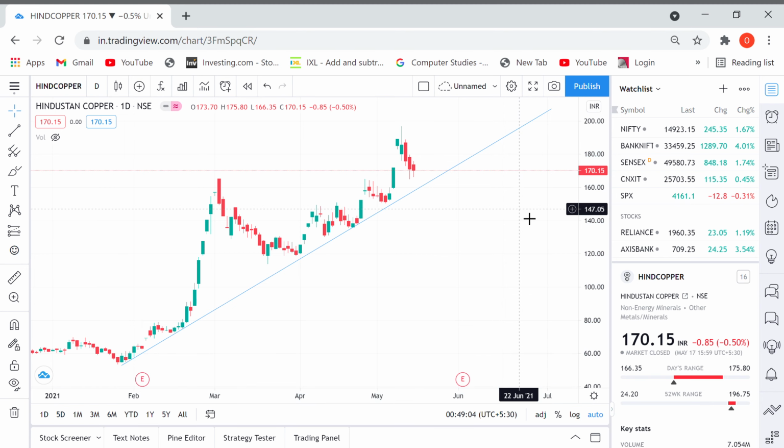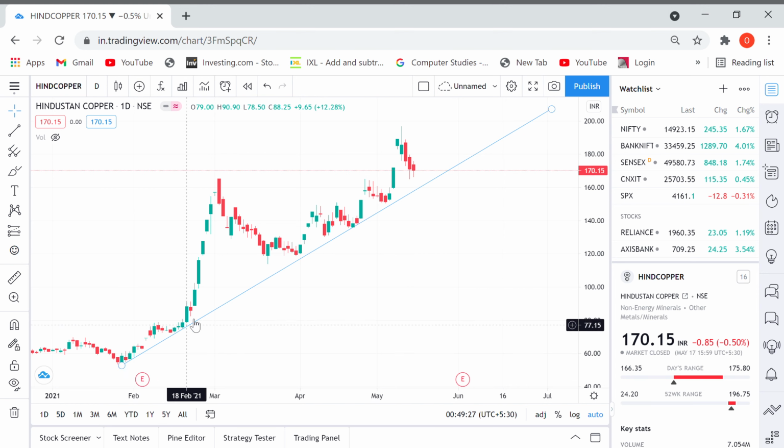Now this is a trend line, and the stock is moving, taking support of this trend line and bouncing from here. As long as this trend line is respected, you can see the stock moving up, up and up.